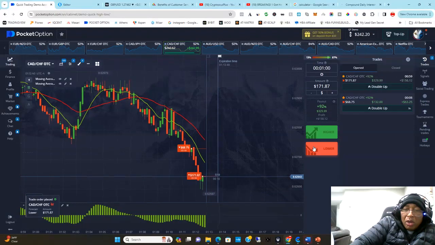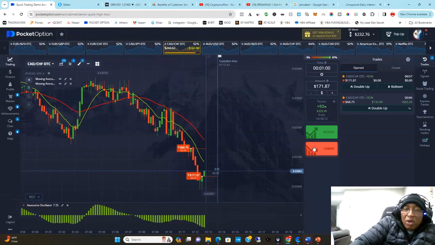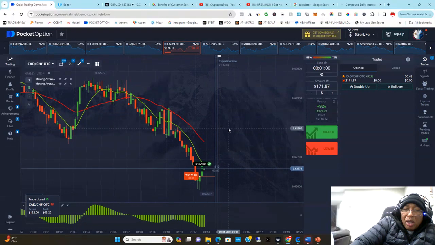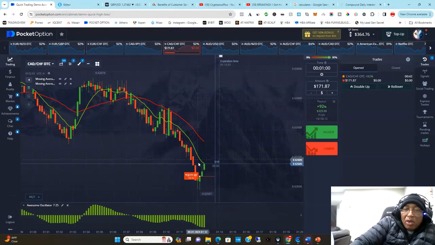So maybe she wants to take another one. Oh no, I think that was a mistake for her, because you can see this has actually hit a support zone here, and it is going up. Doesn't seem like it has the momentum to go down. You see this is going up.